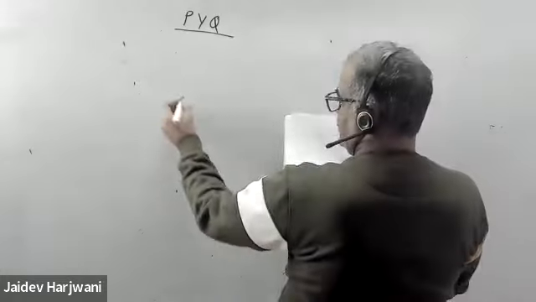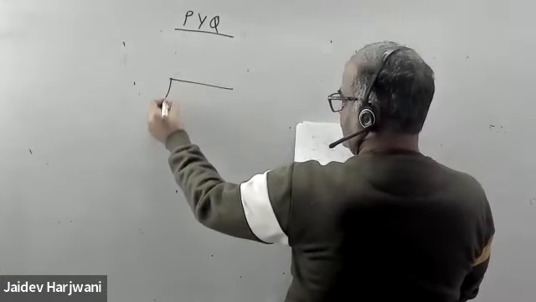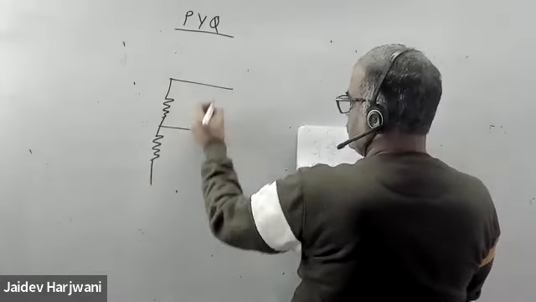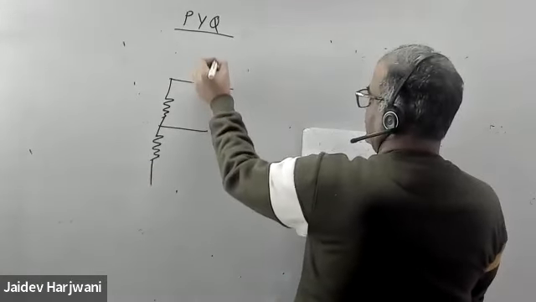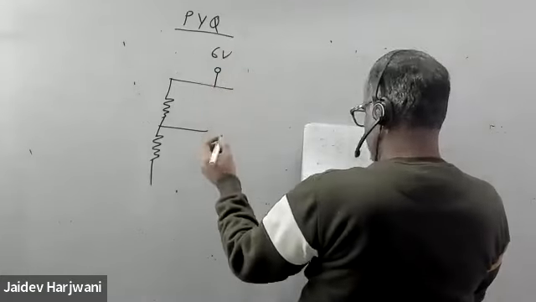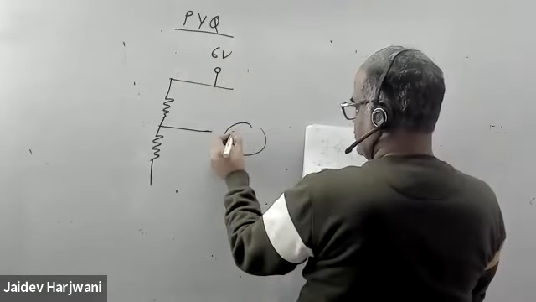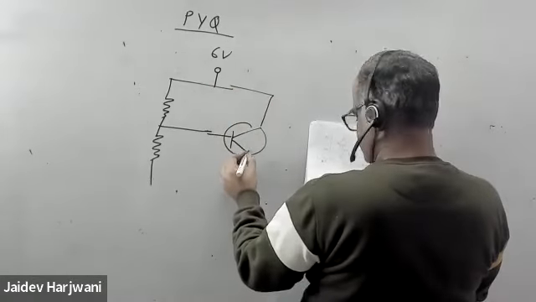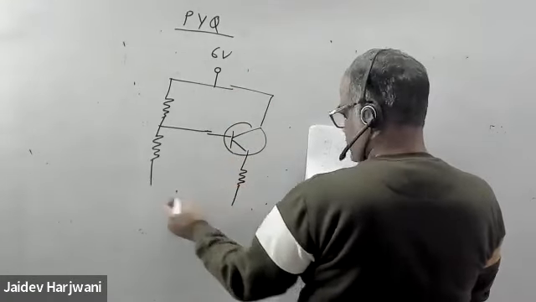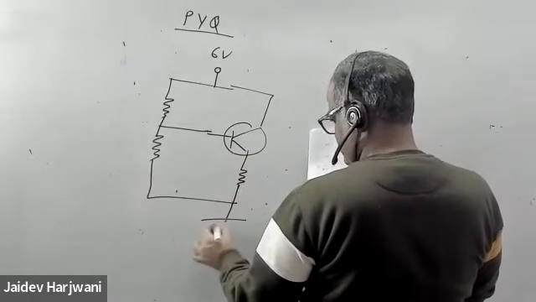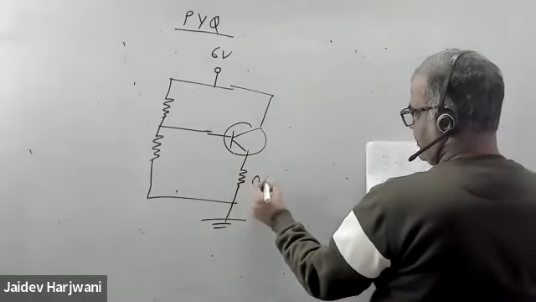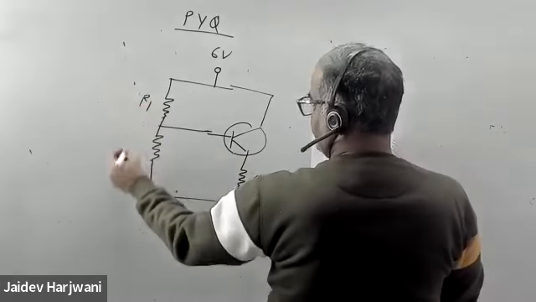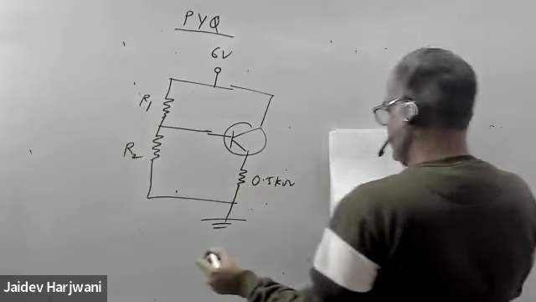Now you have been given a voltage divider circuit. This is given 6 volt battery. This is your 0.5 kilo ohm. This is given R1, this is given R2.